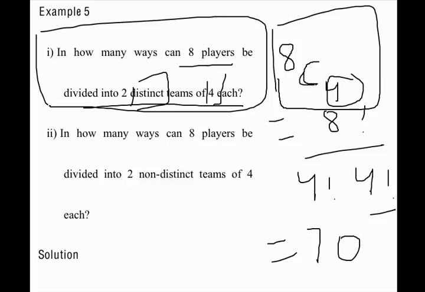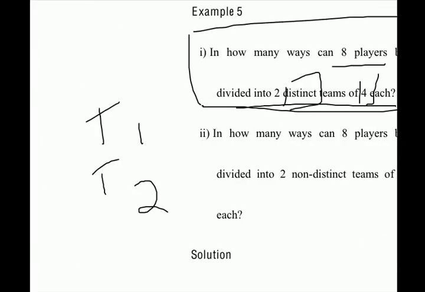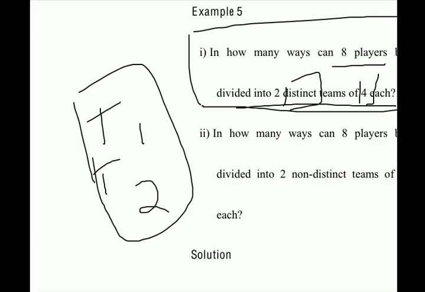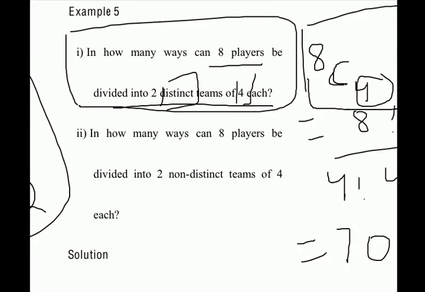The 4 selected would go to team 1, and the remaining would go to team 2. Given that team 1 and team 2 are different, the number of ways would be given by simple combination, 8C4.